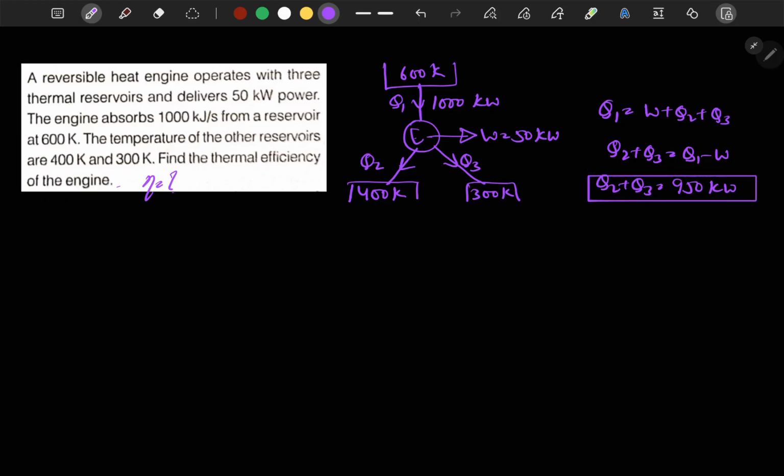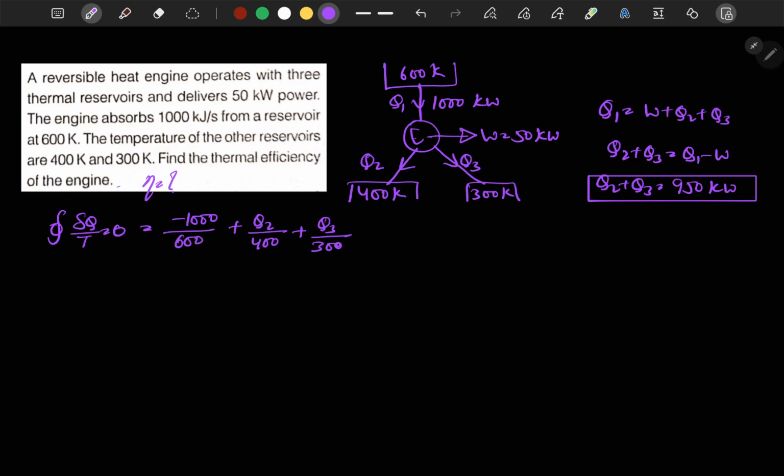Okay, now if we apply the second law of thermodynamics, that is entropy balance. For a reversible engine we know that the sum of del Q by T is equal to 0. So we'll apply this here. We get minus 1000 kilowatt upon 600 Kelvin plus Q2 at 400 plus Q3 at 300, and this total will be equal to 0.